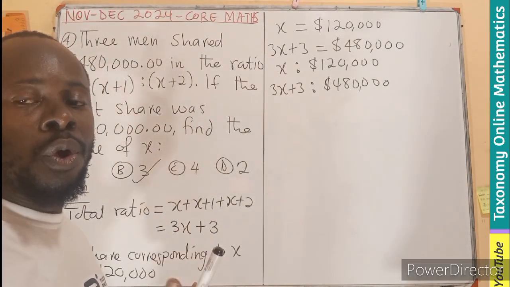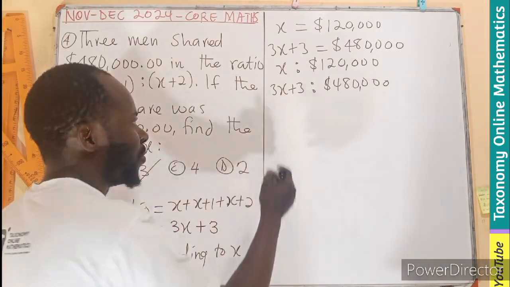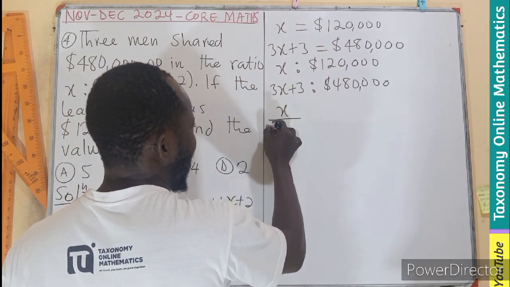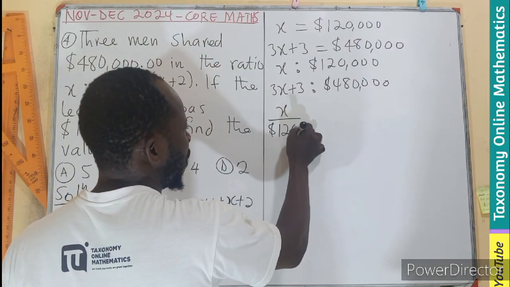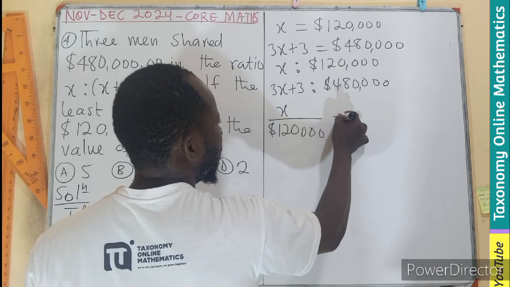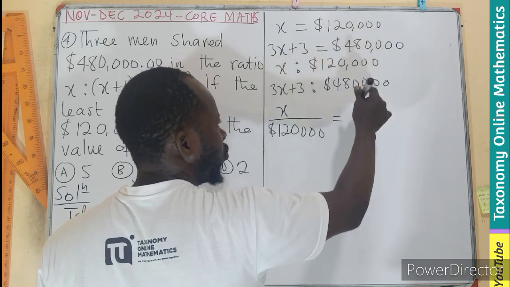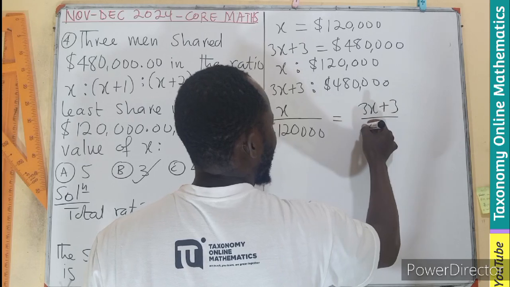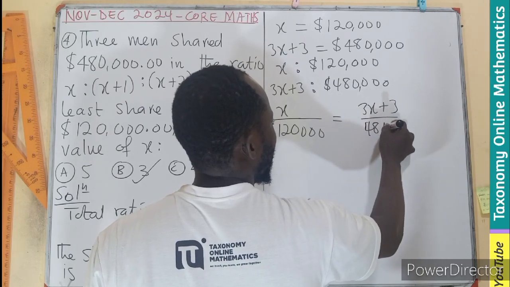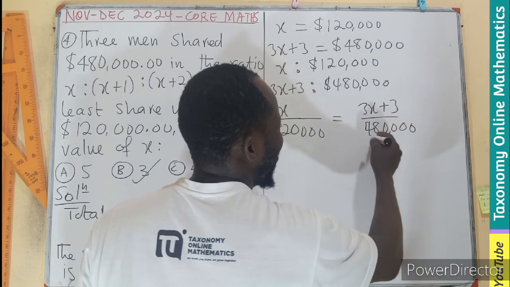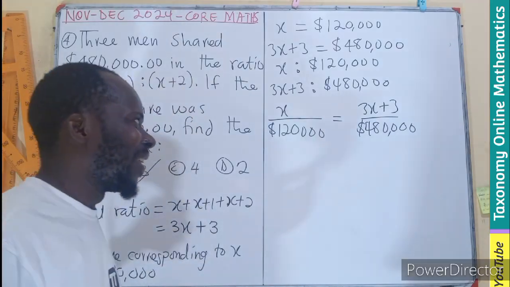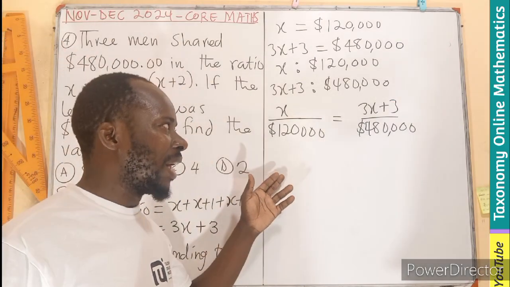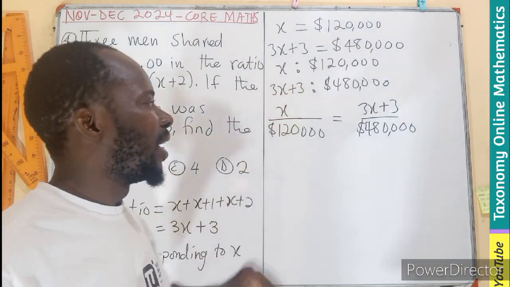As a ratio, we can convert it into a fraction, meaning x divided by 120,000 is proportional to, equals, 3x plus 3 divided by 480,000. All right, so in the same sense, we are going to cross multiply.